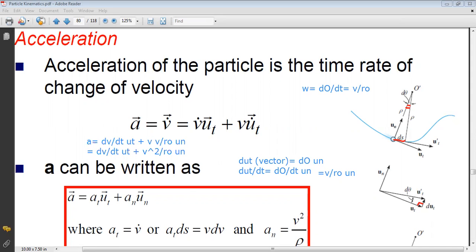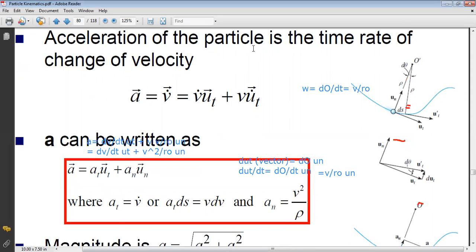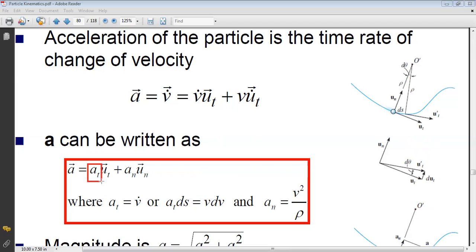So in summary, the box in red is summarizing what we did. The acceleration in normal tangential coordinates is divided into two components. The first one is called the tangential acceleration, which is the acceleration along ut, and an is called the normal acceleration.